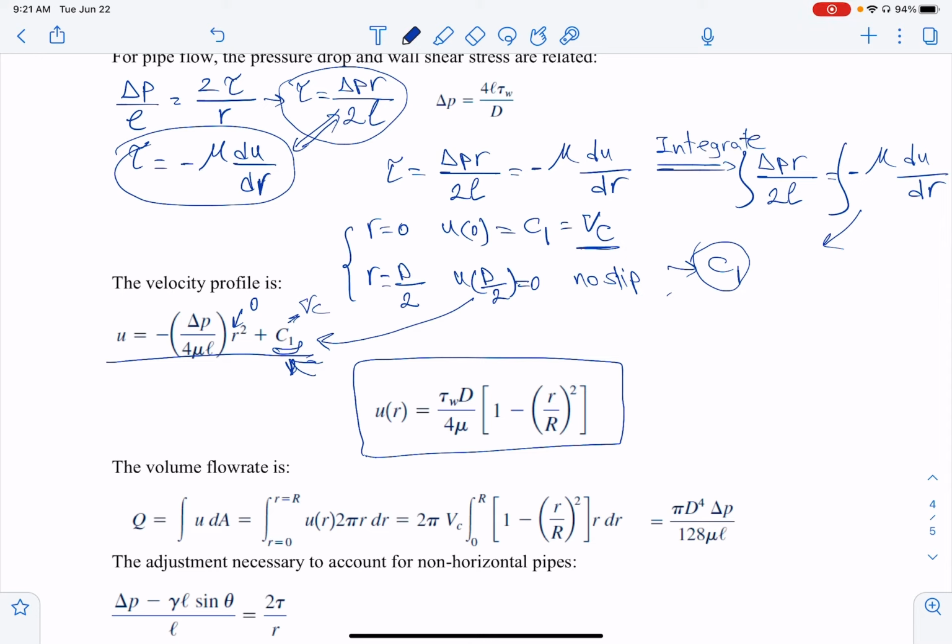So let me also write down C1. So C1 is equal to Vc, which is also equal to del P D squared over 16 mu L, right? So this is how we get this formula right here.